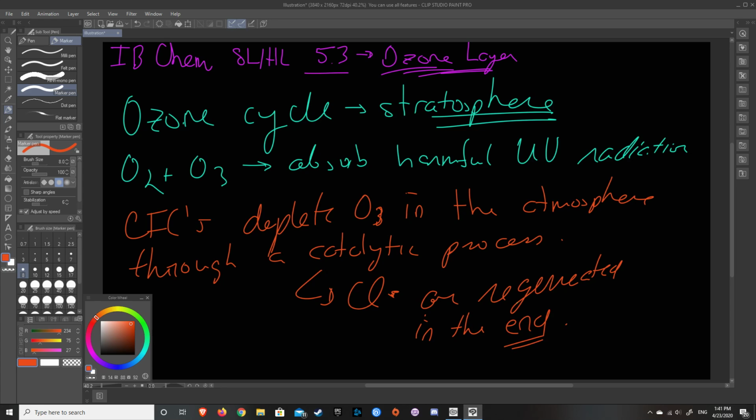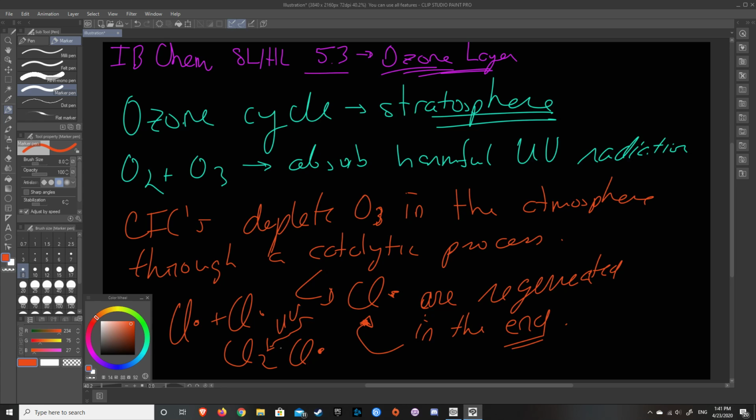So chlorine radicals are regenerated in the end. When they're regenerated, it means that they stick in the atmosphere. They maintain. What we can hope for is that the chlorine radical reacts with another chlorine radical to form chlorine gas, but then chlorine gas reacts under UV light to form chlorine radicals.